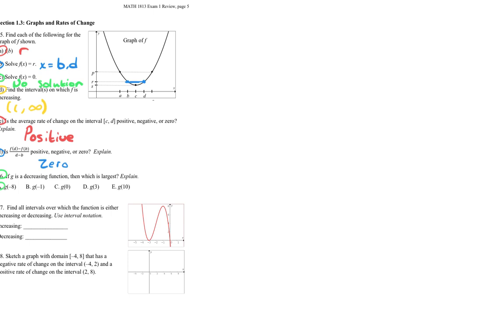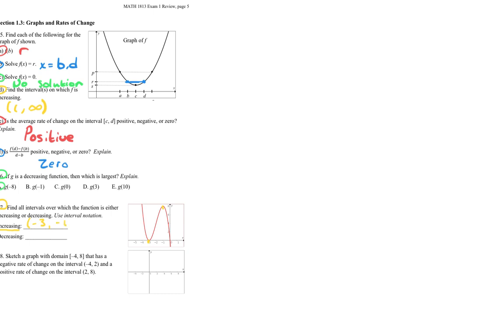Okay, number 17, find intervals for which the function is either increasing or decreasing. Use interval notation. Let's start with increasing. If we look here, you can see that from -3 to this point here, we're going upwards, which means that we're increasing. So we should expect this to be -3 to, was that -1?